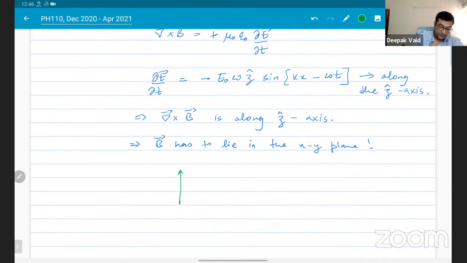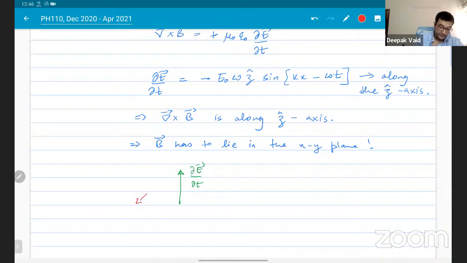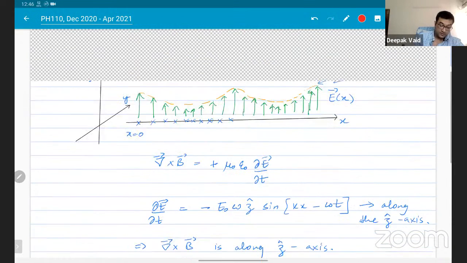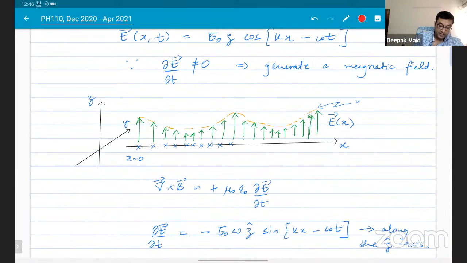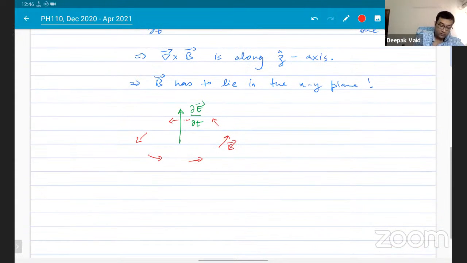Because if this vector is dE by dt, then the vector field B has to lie in the XY plane, like this. Now what happens to dE by dt? Okay, and now we can calculate what this magnetic field should be.